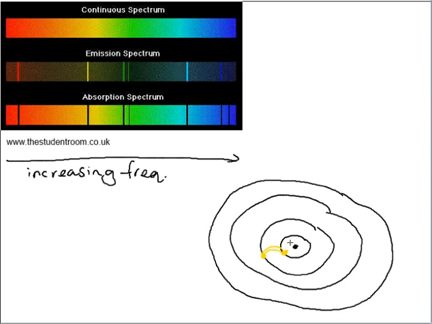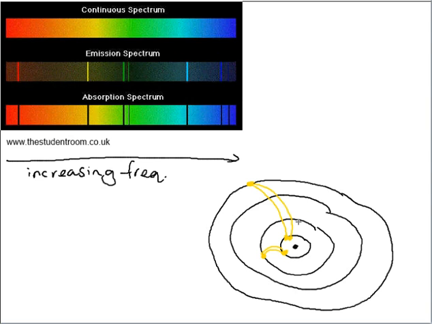If, for example, the electron was over here and then jumped all the way over here, it absorbed one of these high frequencies, which is a large amount of energy, because you need a large amount of energy to do that. Then when it jumps back down, it emitted whatever it absorbed. If it absorbed this frequency, it emits that frequency, and so on.